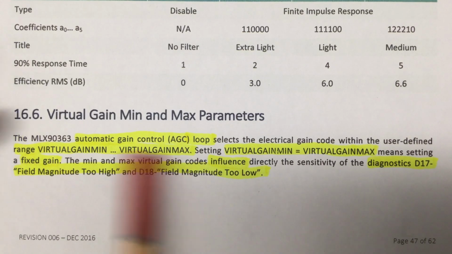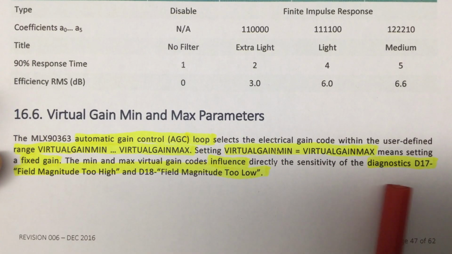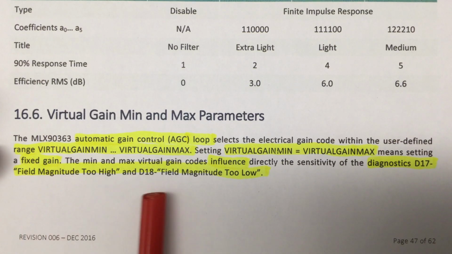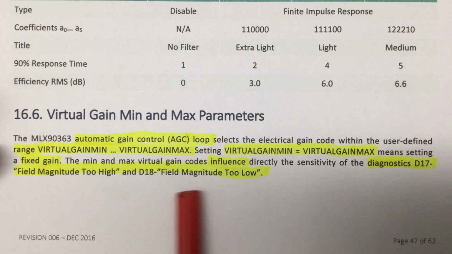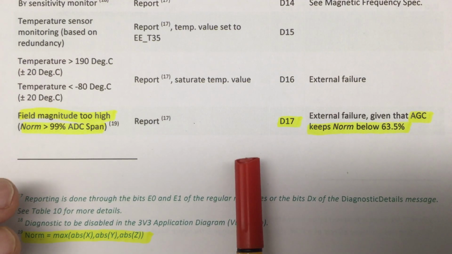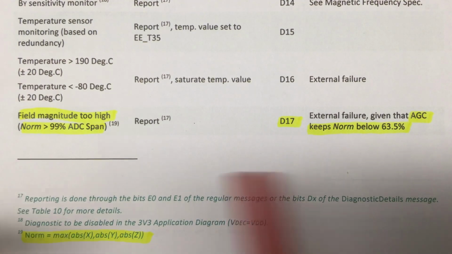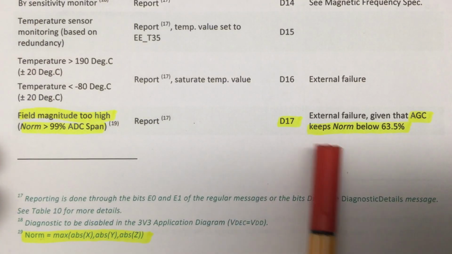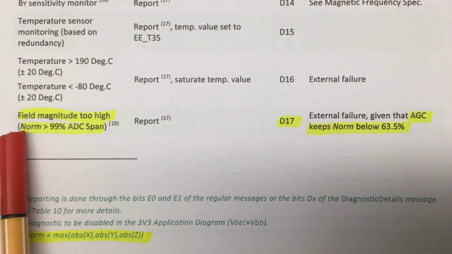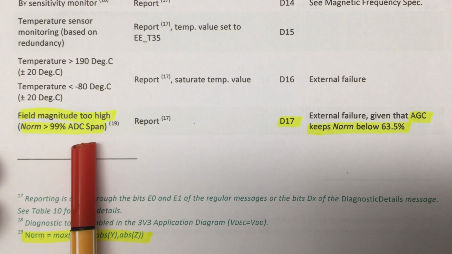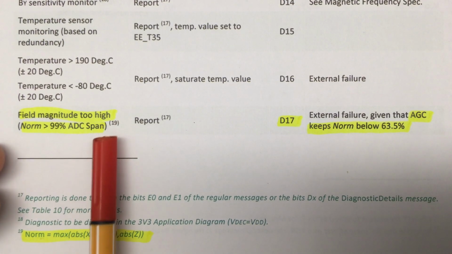Also, these two parameters influence the diagnostics D17, field magnitude too high, and D18, field magnitude too low. If we look at the two diagnostic bits D17 and D18, we can learn something more. So D17 means field magnitude too high. Norm is greater than 99% of the analog to digital converter span.